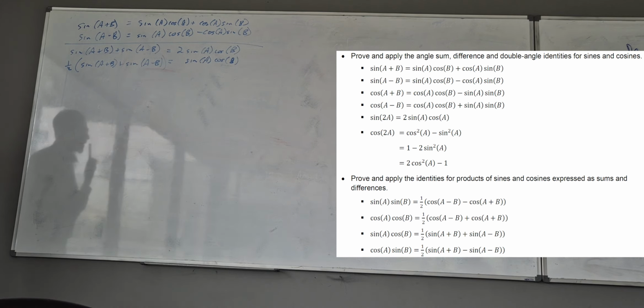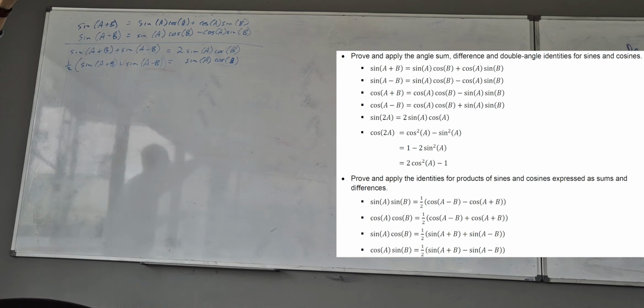Do you want me to show you each one, or do you think you can work that out? Do you think you can do it? See if you can work out what combination will produce the other three rules on the formula sheet.